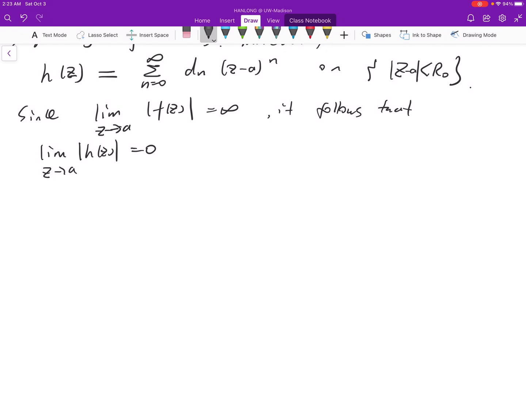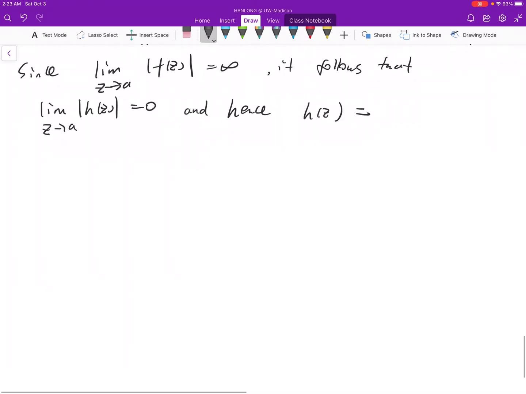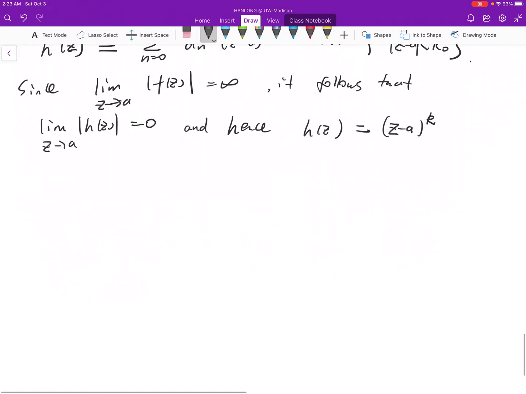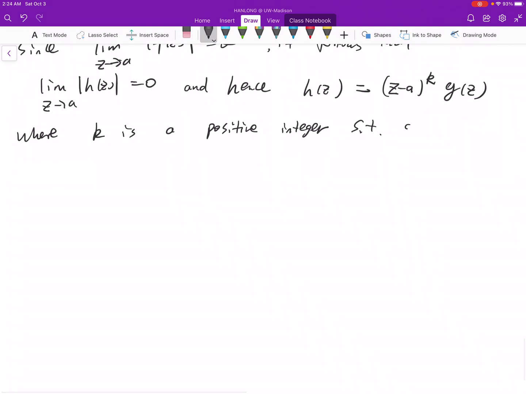And then by previous study, we know that h(z) can be written down as (z minus a) to the k's power times, let's call this function g(z), where k is a positive integer such that g(a) is different from 0.